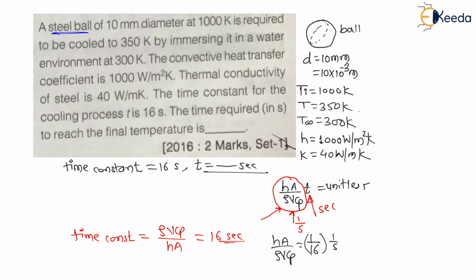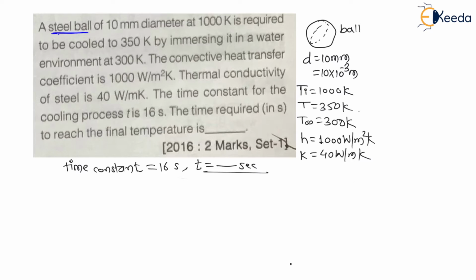So we understood what the given terms are. Time constant is rho V Cp divided by hA. Just now we have written it. Therefore, let us write down the formula: T minus T infinity divided by Ti minus T infinity is equal to e to the power minus t divided by the time constant.